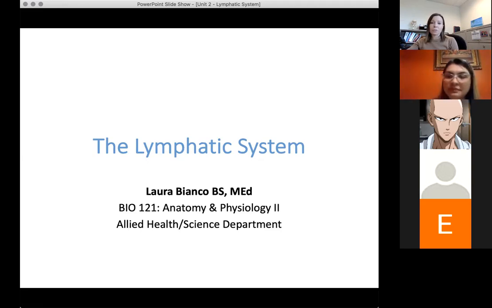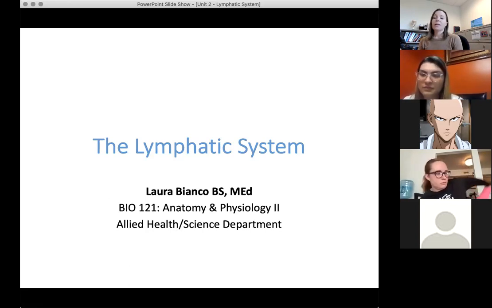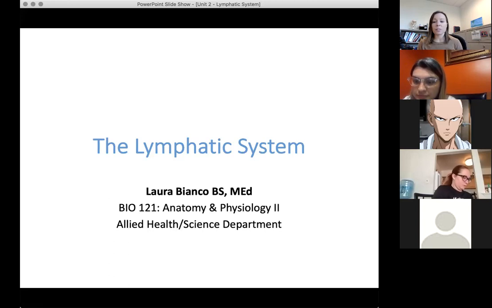So if you go into D2L and you see the two Unit 2 sections, the first part of Unit 2 covers the lymphatic system and the second part covers the respiratory system. I am going to start with the lymphatic system, and it's pretty short, so I think I will be able to fill in all of the parts of that outline that aren't already filled in for you. So I'll go through that quickly to start, and then maybe we'll take a little break and we'll hit the respiratory system outline after that.